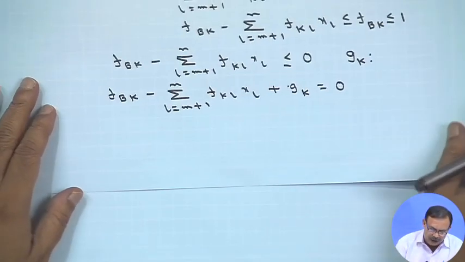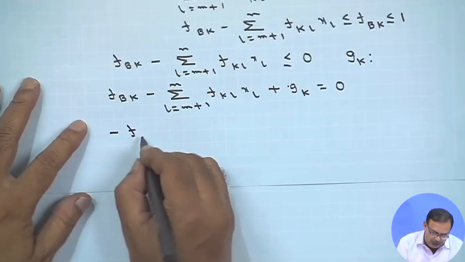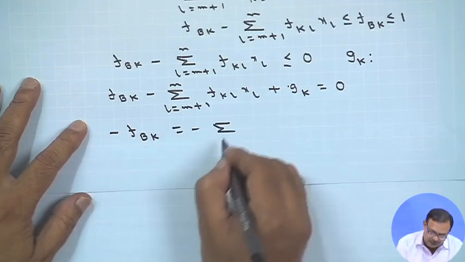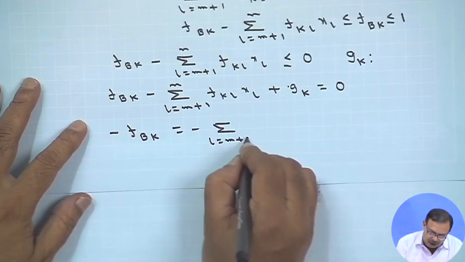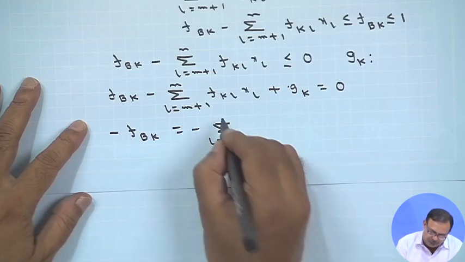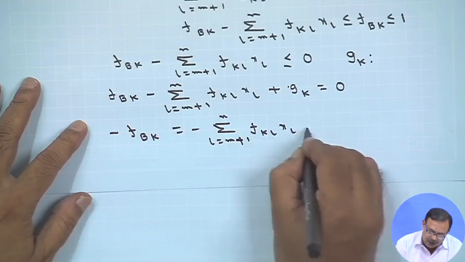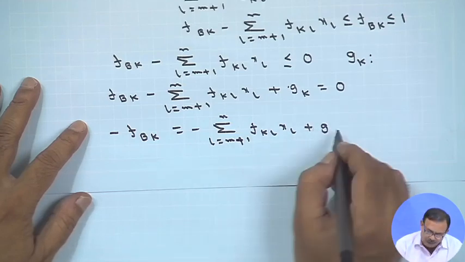where we call this GK the Gomorian slack variable. So, from here we can write minus of f BK equals minus summation L equals m plus 1 to n f of KL XL plus GK.